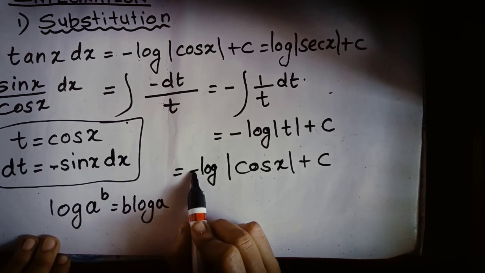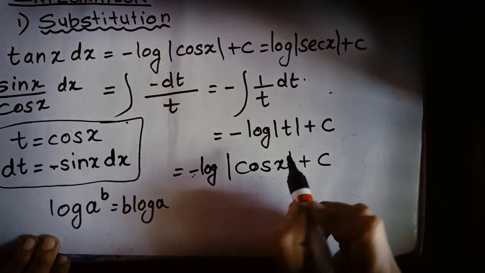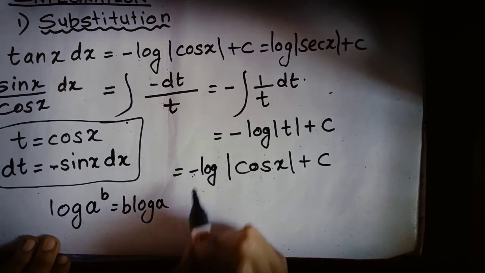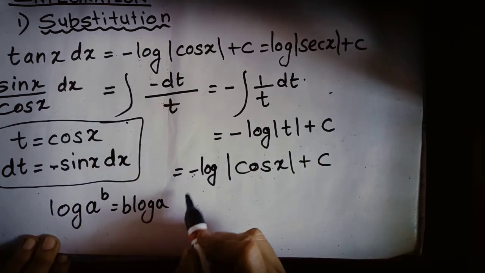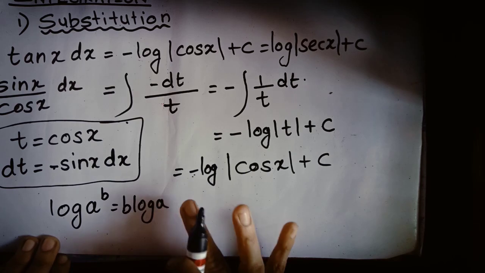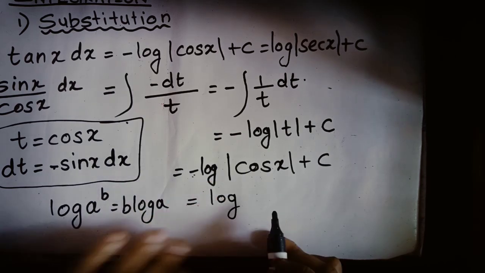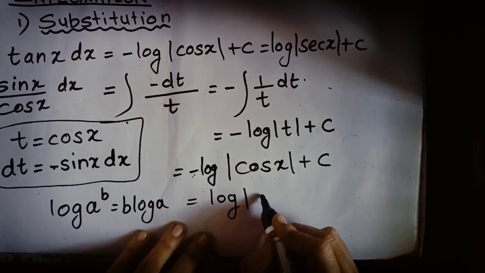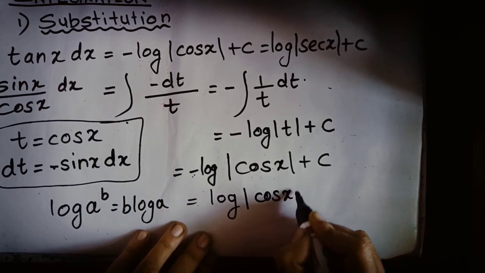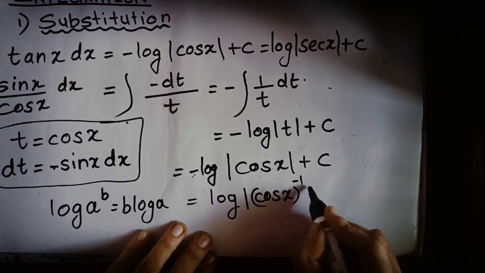So this minus you can take as a reciprocal of this. So what will be the value? This will be log of cos of x raised to minus 1.